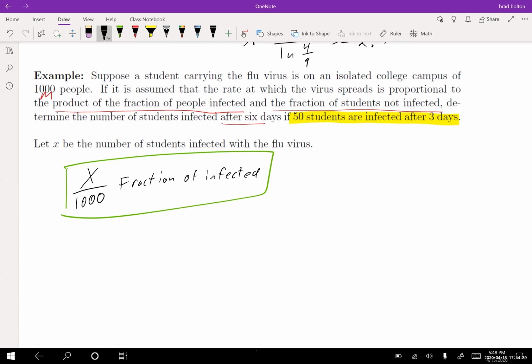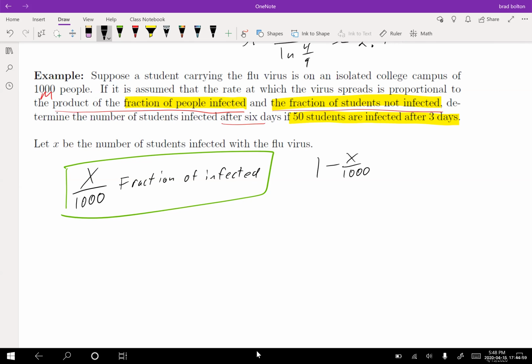Okay, and then we could write another fraction of the students not infected, right? So I'm looking here right now, fraction of students not infected, and I'm looking at fractions of people infected. So students not infected, well, wouldn't that be 1 minus however many were in the first one, right?